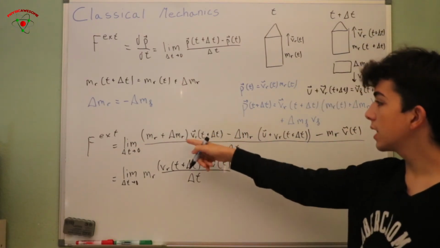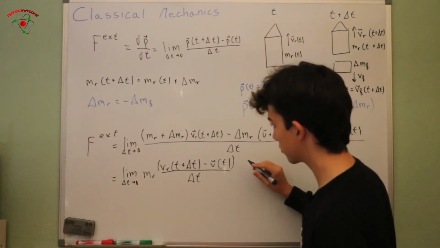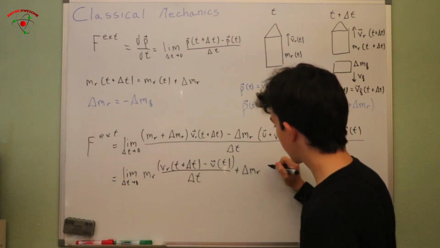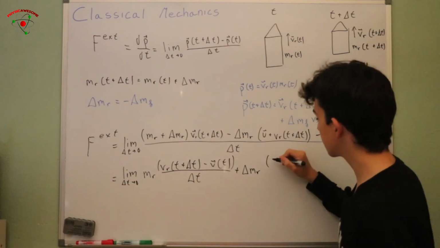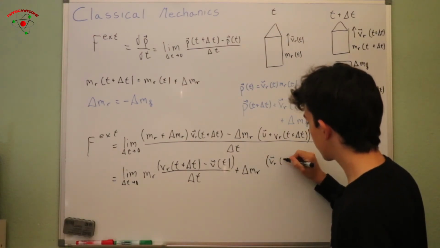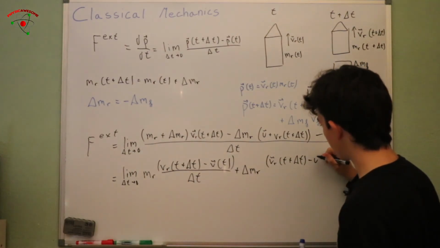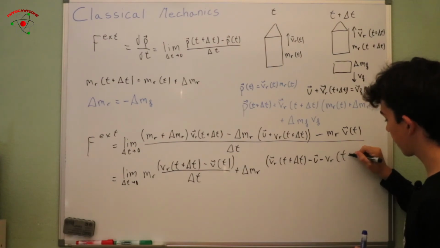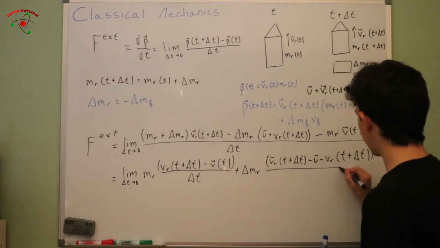And now let's group the delta mr's. So we're going to have plus delta mr, and we're going to have vr of t plus delta t minus u minus vr of t plus delta t, all of these over delta t.